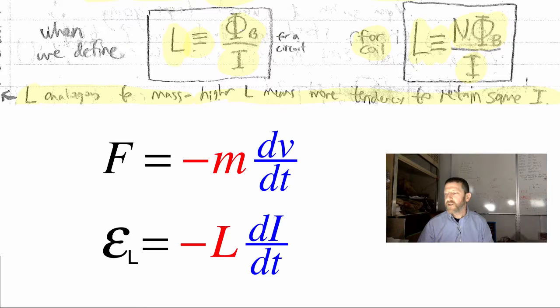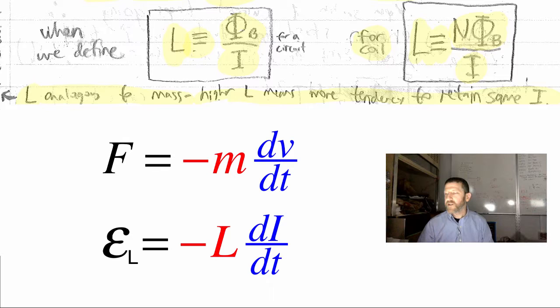So when you take a mass m and try to change its velocity at a rate dv dt, you get a back force on you of negative m dv dt. That's just like if you take an inductor of inductance L, also called self-inductance L, and you try to change the current in it at a rate di dt, you will get a back EMF of negative L di dt.